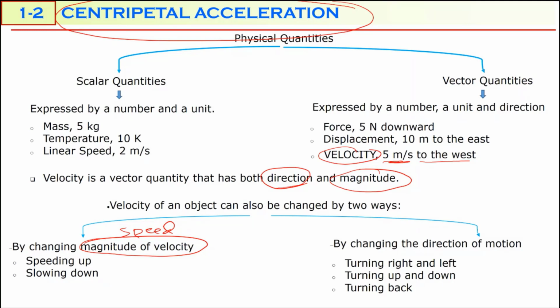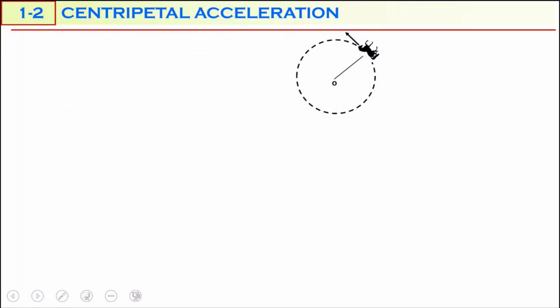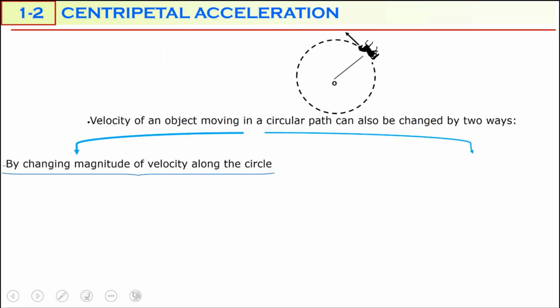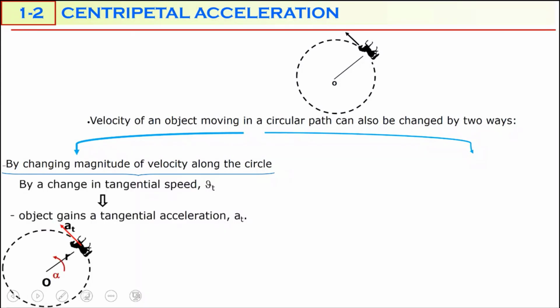So then you can also change velocity by changing direction of motion. The velocity of an object moving on a circular path can be changed in two ways. One of them is changing the magnitude of the velocity along the circle. I mean, this horse can speed up or slow down, so by changing tangential speed, the object gains a tangential acceleration.